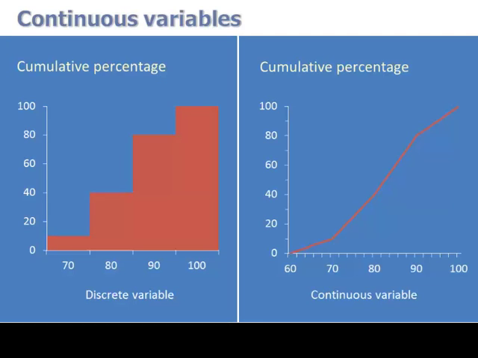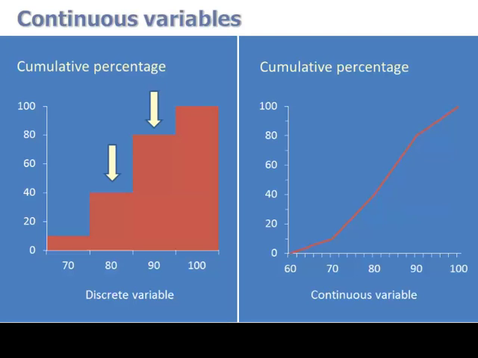From the chart on the left that uses a discrete variable, we know that 40% of students received a score of 80 or less, and 80% of students received a score of 90 or less. So we know that the median score is between 80 and 90, but we don't know exactly what it is.